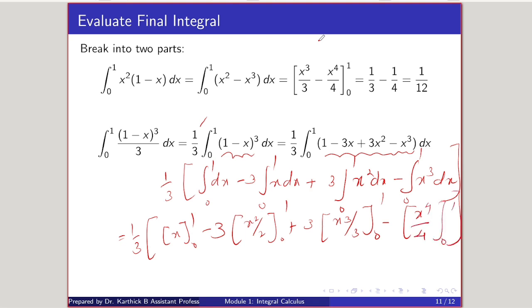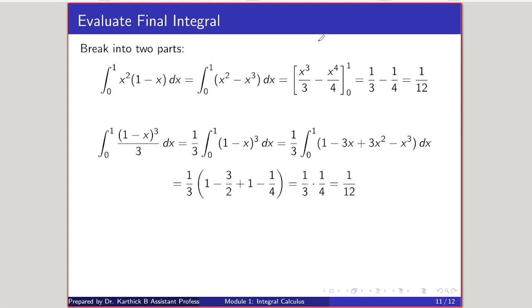Then if I apply the limits, I will get 1 minus 3 by 2 plus 3 by 3 minus 1 by 4. So finally, if I simplify this, I'm getting the value 1 by 12.